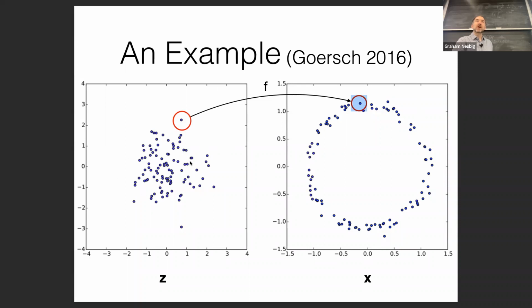Let's say we sampled 10 points from the prior. Maybe we get one here, one here, one here, and so on. If we do that, we don't get any samples that assign a high probability to this point, even though this point has a relatively high probability according to the distribution.